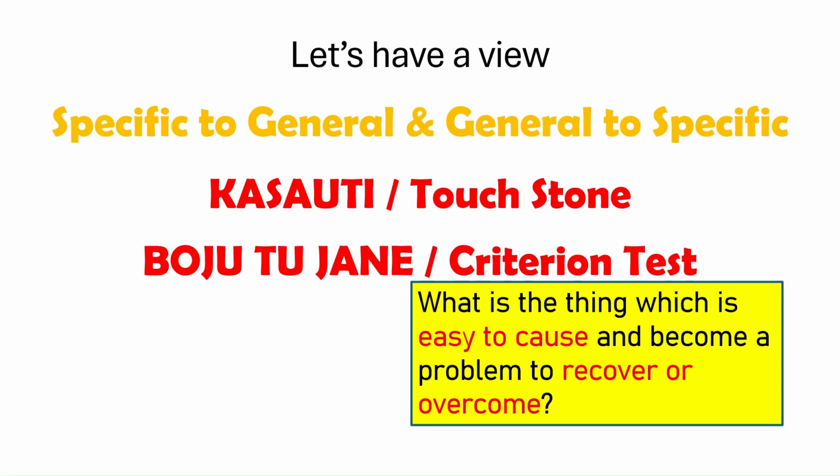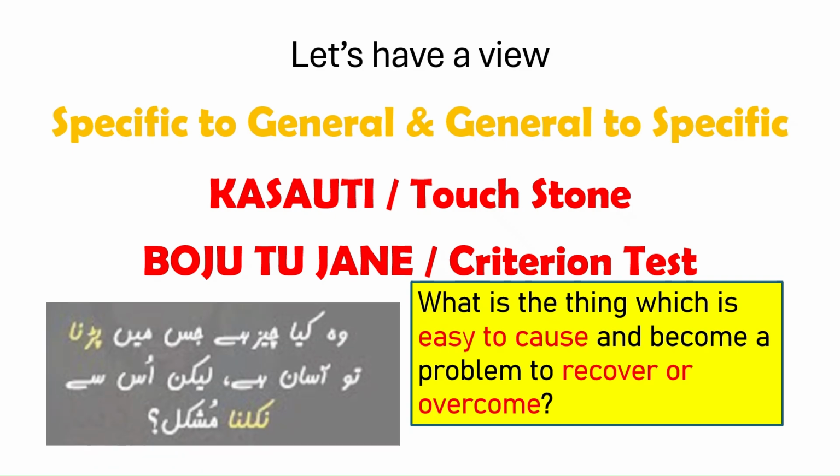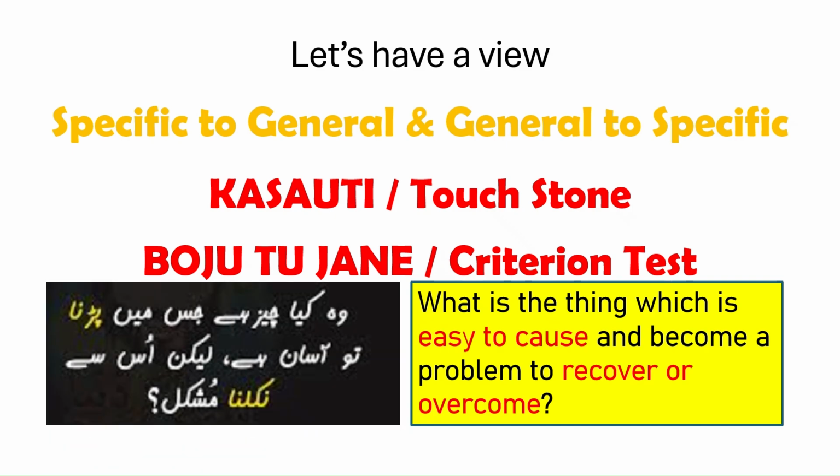It is basically a game in Urdu which we normally play, in which an object is thought of and it is guessed by the audience through questioning. If you think of an object or a personality, the audience will guess it through a number of questions.